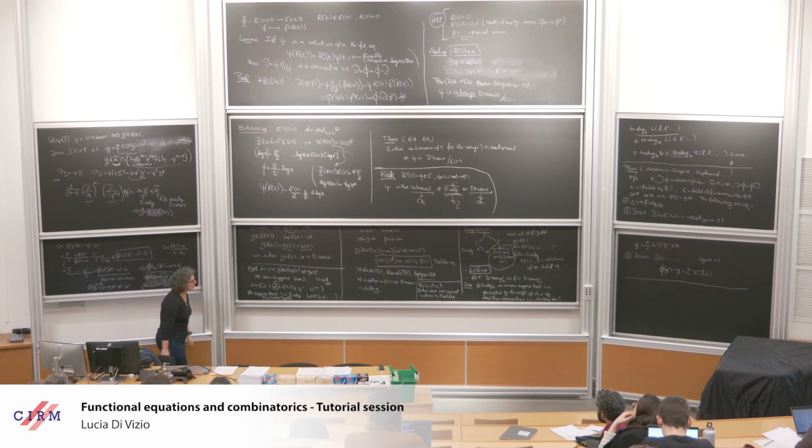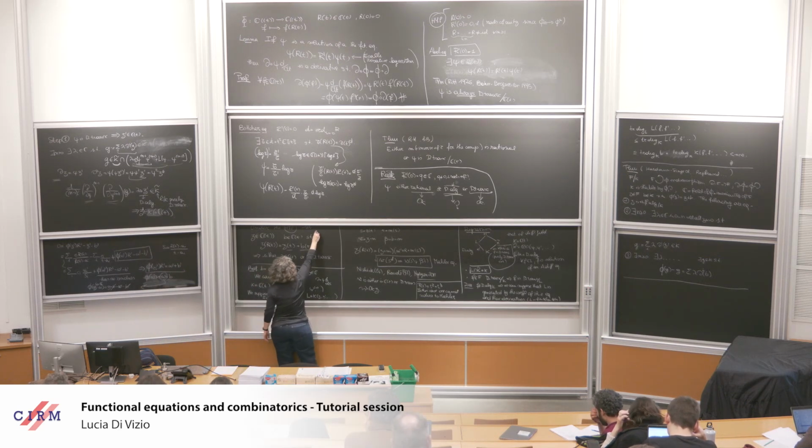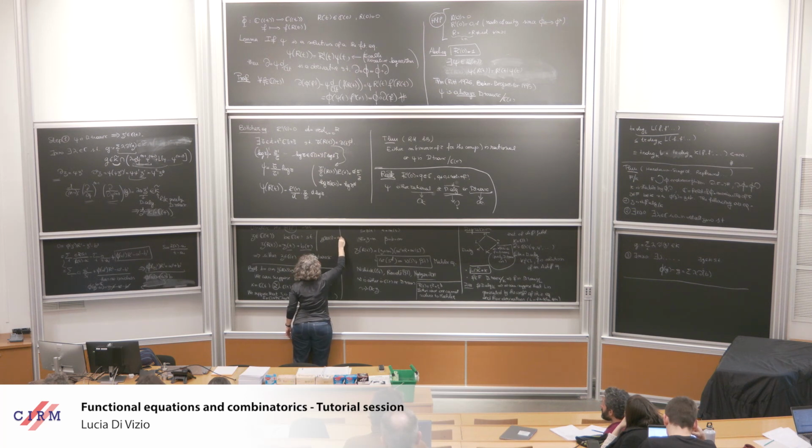Okay. So I stop here, and I just write small things here. If you consider this functional equation here, you get something a little bit more. You get either that z^n is in C(t), or that z is transcendental.